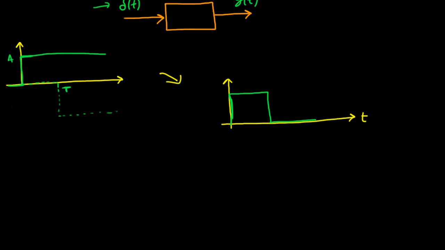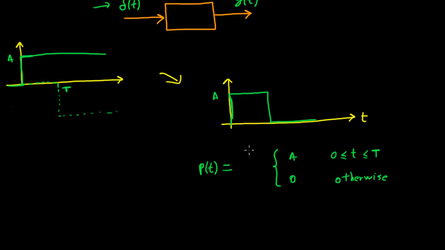This function is defined by, well, let's call it p of t. This is equal to just a when 0 is less than or equal to t, less than or equal to capital T, and 0 otherwise.